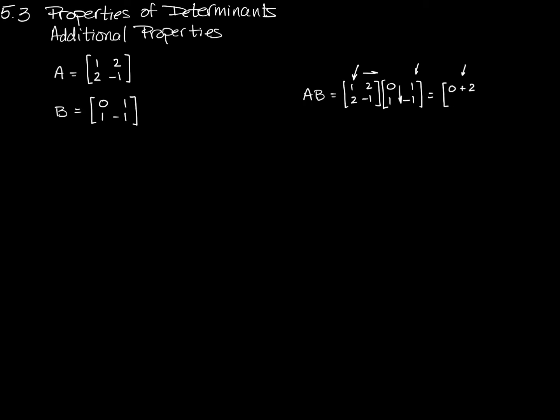I'm going to move my finger across there and down over column 2 in matrix B. So I get 1 times 1 plus 2 times negative 1. And that's row 1 from matrix A and column 2 from matrix B. So it goes in the row 1, column 2 position in my result.